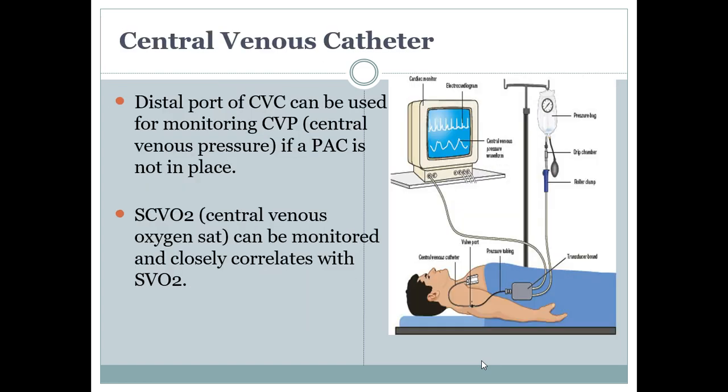So a CVC, or central venous catheter, is a catheter threaded through the superior vena cava with the distal port resting in the superior vena cava immediately above the junction with the right atrium. The central venous catheter will be put in by a physician. So the CVC has a distal port, which can be used for monitoring our CVP, central venous pressure, if a pulmonary artery catheter isn't in place.